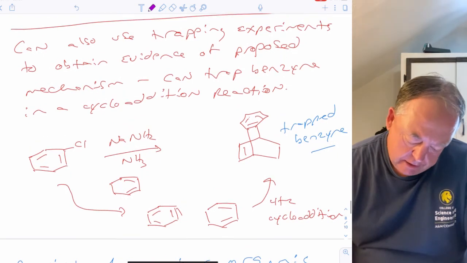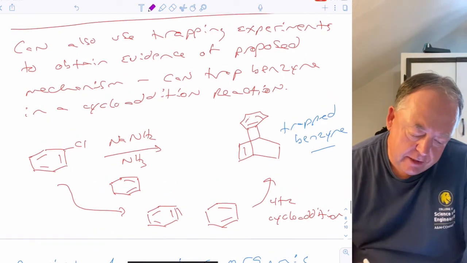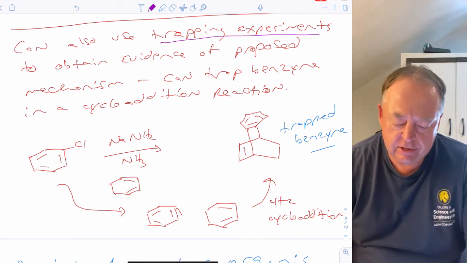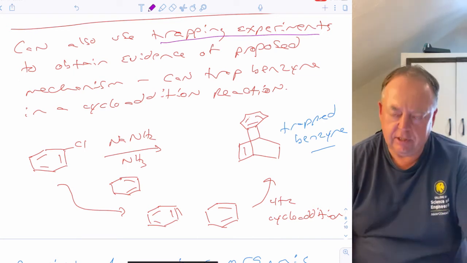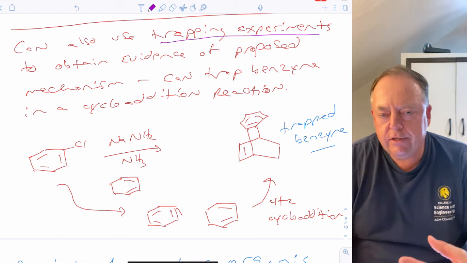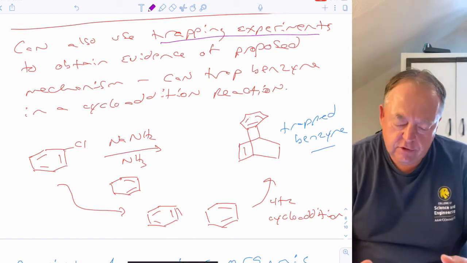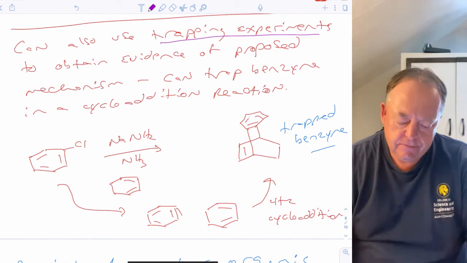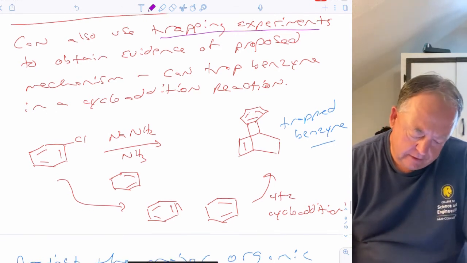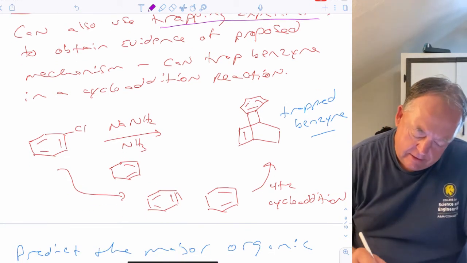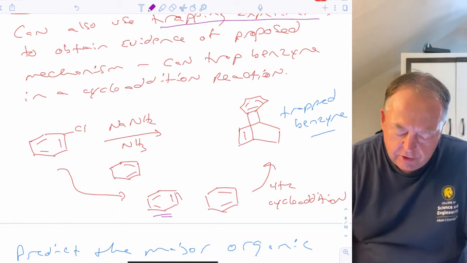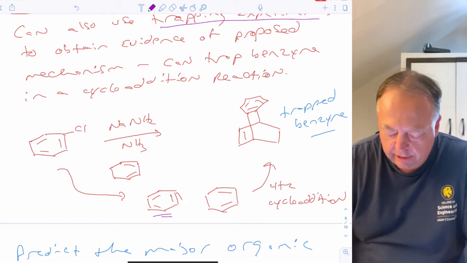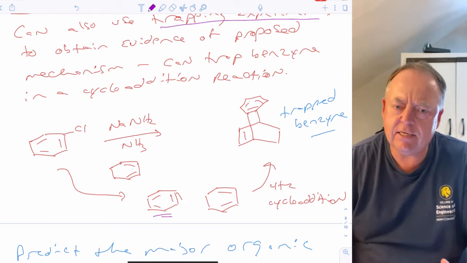Okay, so finally, you could also use trapping experiments. Organic chemists are always interested in figuring out the mechanism of a reaction, because if you understand the mechanism, then you can tweak the reaction to try to improve your yields, or understanding the mechanism may help you discover new reactions. Benzyne is such an unstable molecule that there is some controversy in the literature over whether you really make benzyne or not.